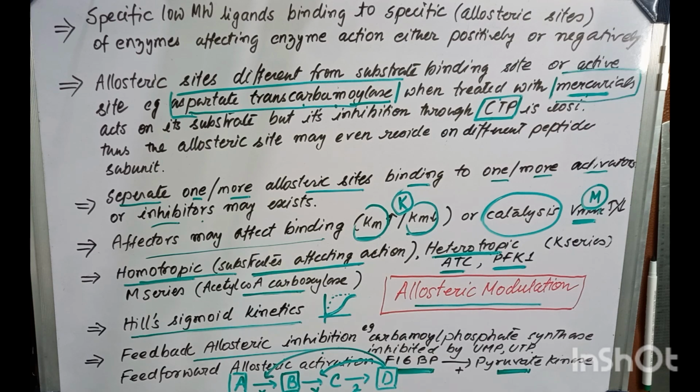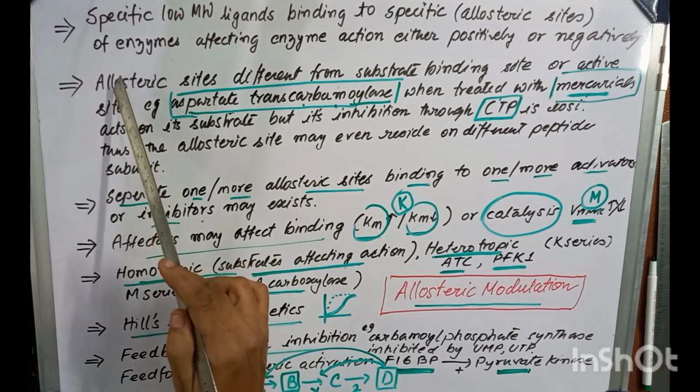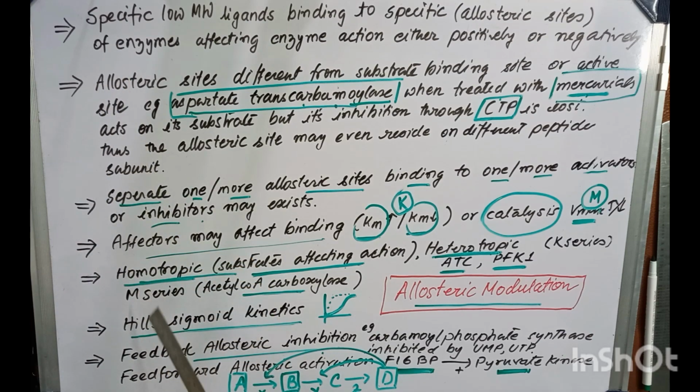And another point is that allosteric inhibition and stimulation can feed forwardly activate or feedback inhibit an enzyme. So these are the properties of allosteric regulation: 1, 2, 3, 4, 5, 6, 7. These 7 properties you have to remember while you study allosteric regulation. Thank you.